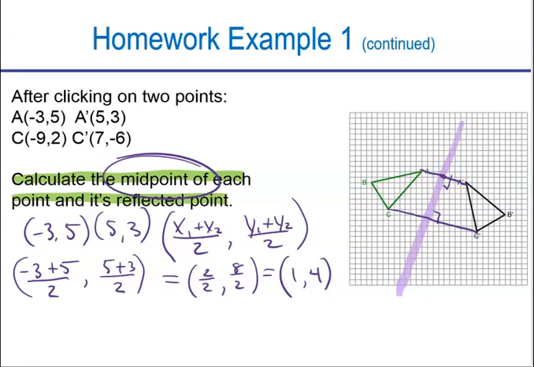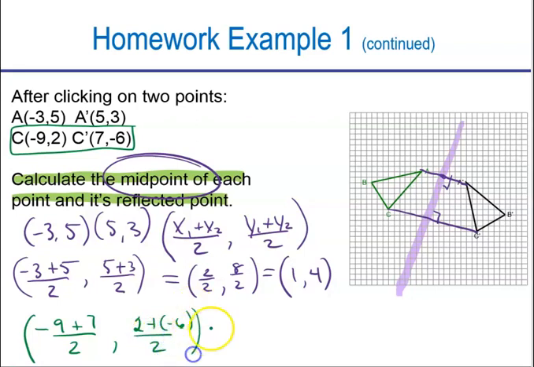But now in green, I would like to do the midpoint again, but this time for my C and C primed, which again, I had to go on the graph to find out what those values are by using my graphing tool. So I'm going to add my x's together and divide by 2. So that's going to be negative 9 plus 7, always watch your signs, divided by 2, and then 2 plus a negative 6, divided by 2.